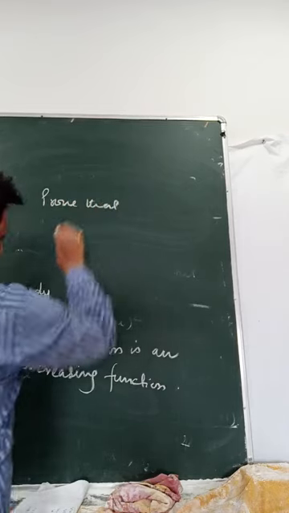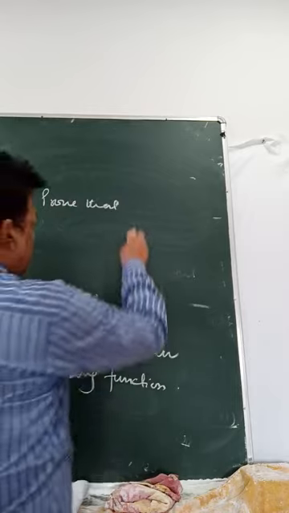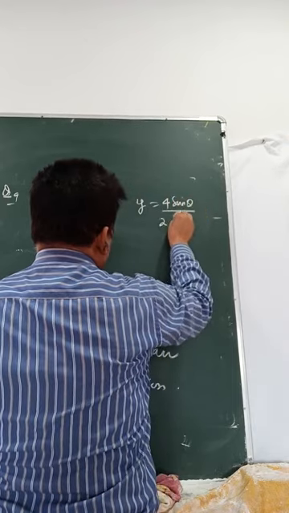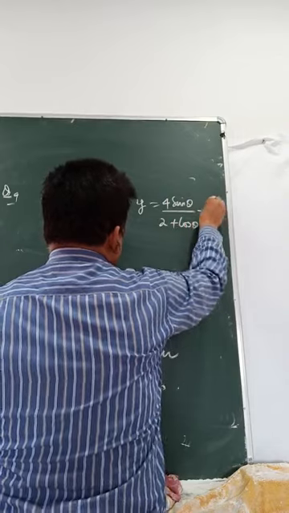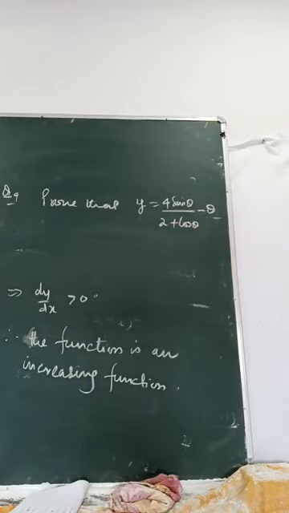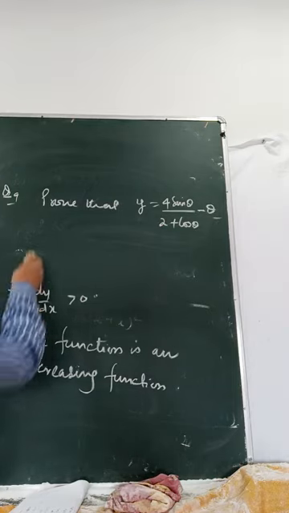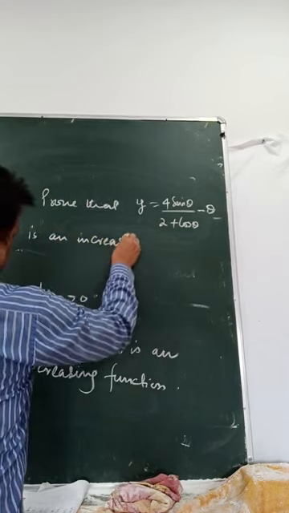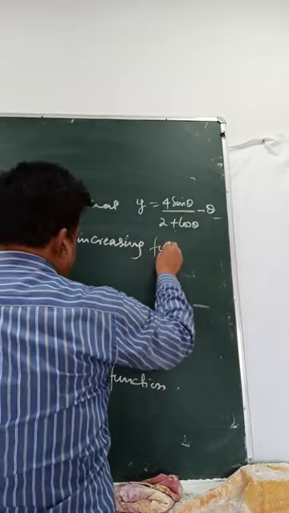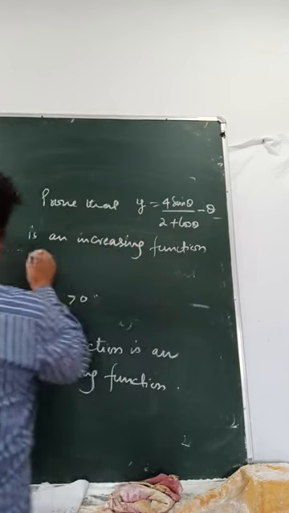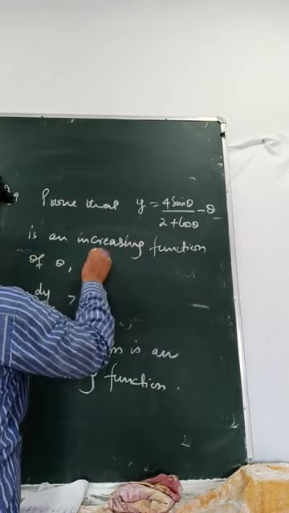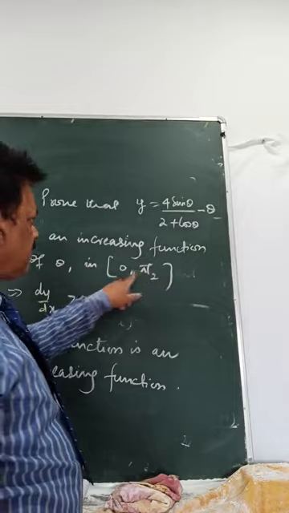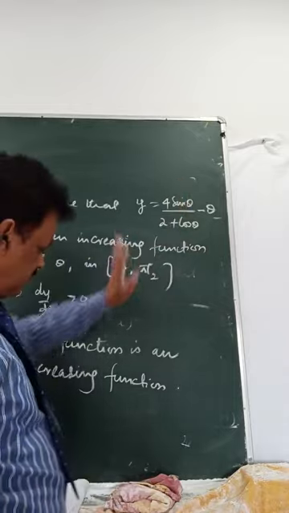Prove that y equals 4 sin theta by 2 plus cos theta minus theta is an increasing function of theta in 0 to pi by 2. That means between 0 to pi by 2 this derivative is greater than 0.